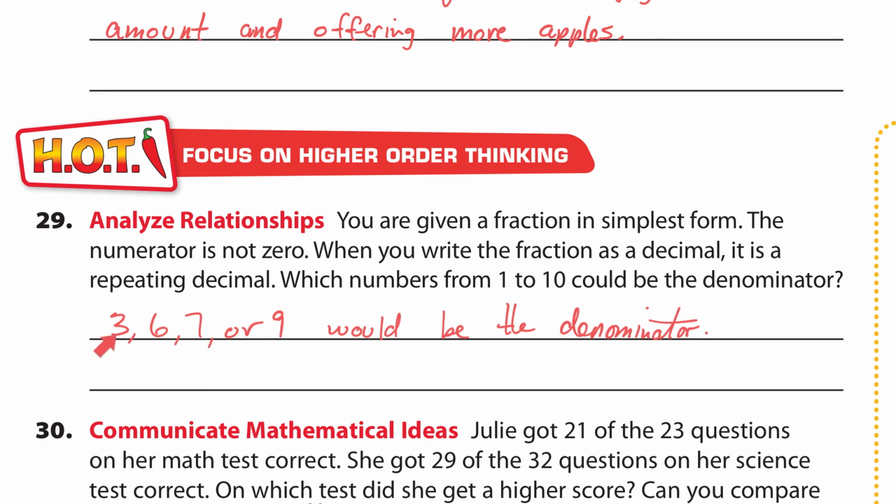If you divide by 3, you're going to get a repeating decimal. Well, anyway, yeah, unless you're dividing by a multiple of 3 or multiple of 6 or multiple of 7 or multiple of 9. But if you're dividing by any of these numbers, you will get a repeating decimal.